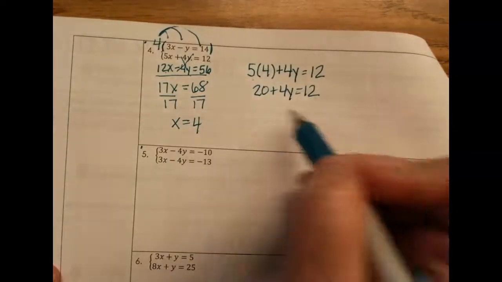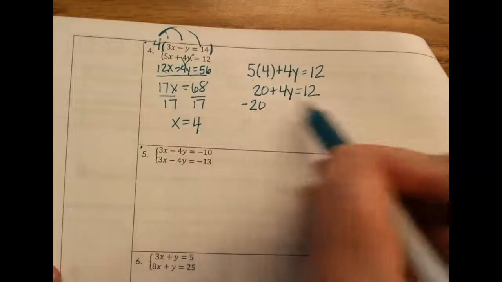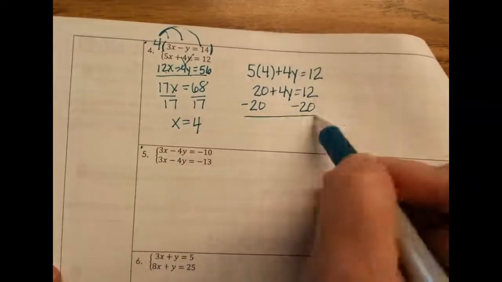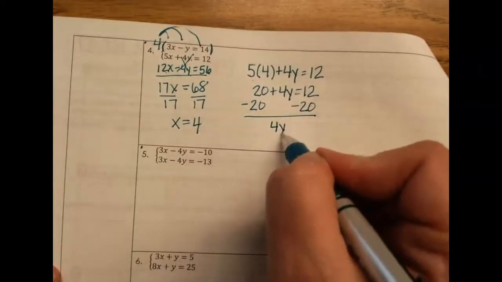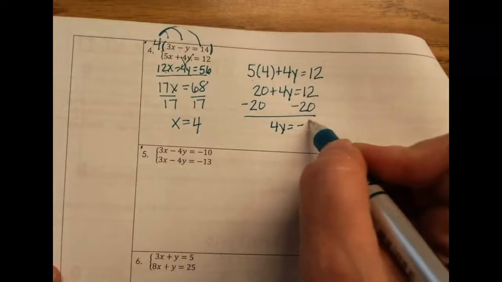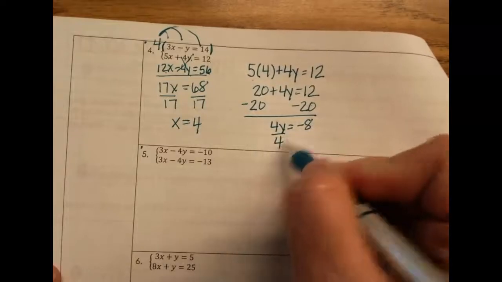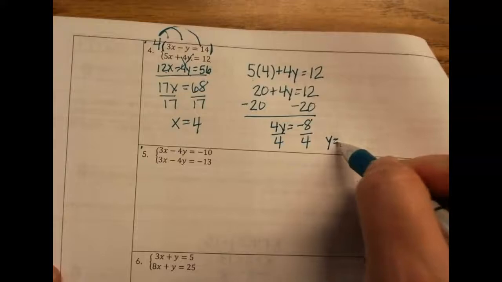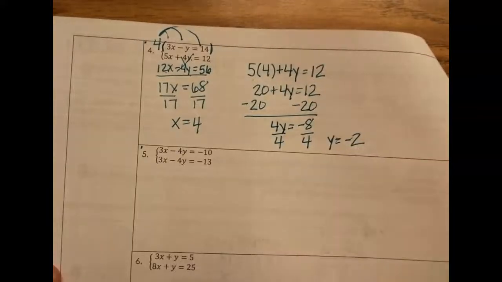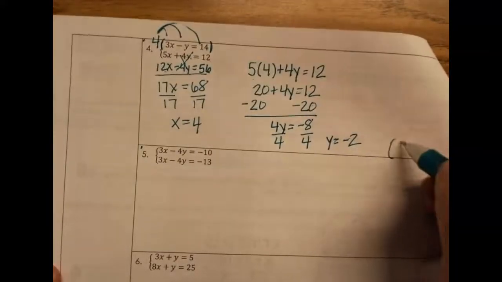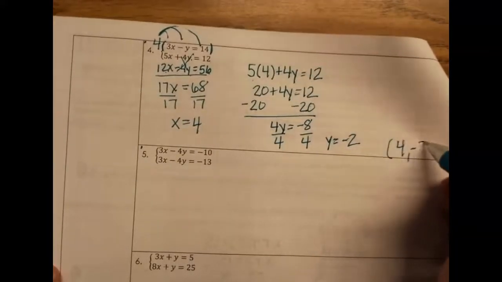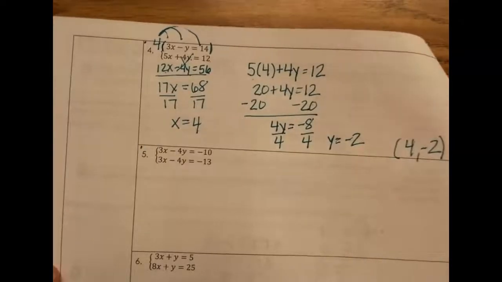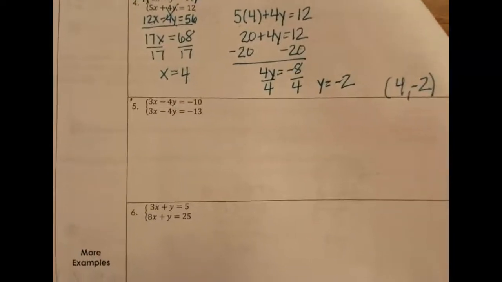And then we're going to solve just like always. Use our inverse operations. So we get 4y equals negative 8. Divide by 4 on each side, and we get y equals negative 2. So I have an x value and a y value. Make sure you put them in their correct spot. And that's the name of the point where they cross.